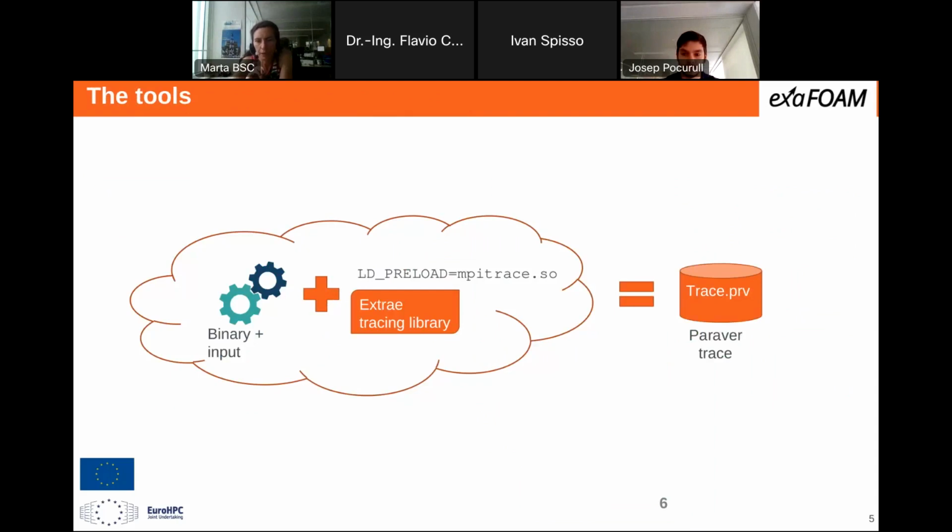So we start from a binary and an input, and without modifying the binary or the code or recompiling or anything, we run using an LD_PRELOAD and the library. With this LD_PRELOAD, the library is able to intercept the MPI calls and to generate the PRV file, which is a Paraver trace. Here in this trace, we have all the information of what happened during this execution, time-stamped, so that we can then rebuild what happened in the execution.